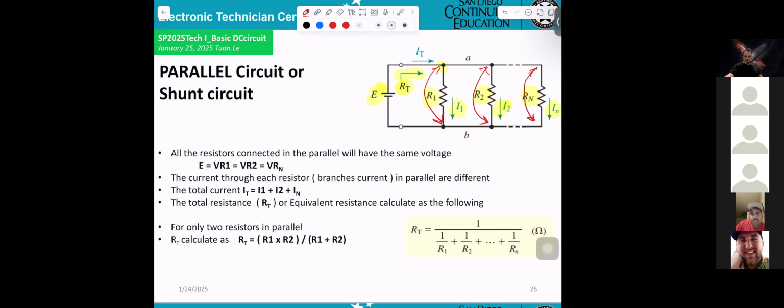However, the only difference will be the current, depending on the value of R1, R2, R3. The bigger the resistor, the less the current. What they say here: all resistors connected in parallel will have the same voltage.